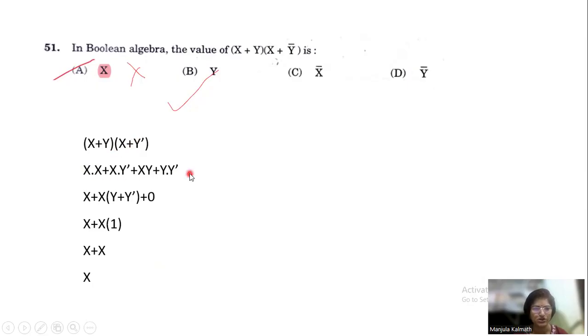In this, x into x becomes x, y into y complement is 0. Then here we have two terms: x into y complement plus xy. So I'll take x common; y plus y complement becomes 1. And then here we have x plus x, which remains. So x plus x equals x again.